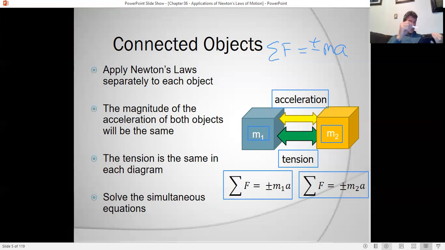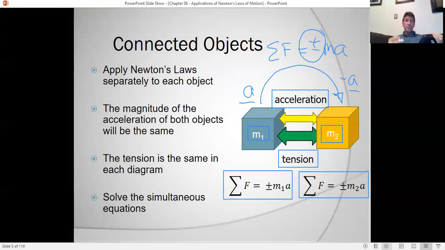What that is doing is saying that if I call A's acceleration to be positive, and B is moving in the opposite direction of A, or moving in a negative direction, I need to be able to put that negative in there so that this acceleration makes sense in terms of the other acceleration and the coordinate system that I've chosen. Remember, the negative and positive sign just denote a particular direction, okay?